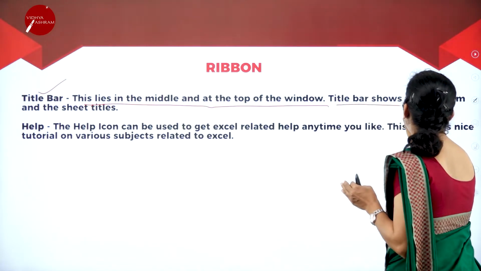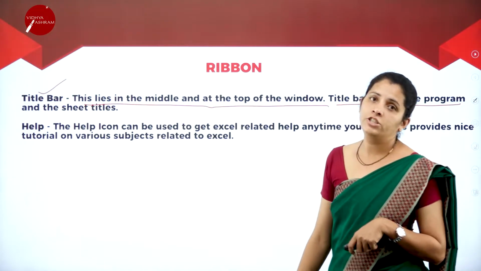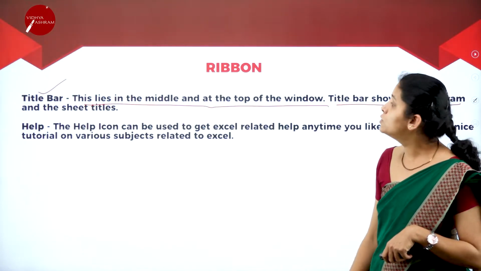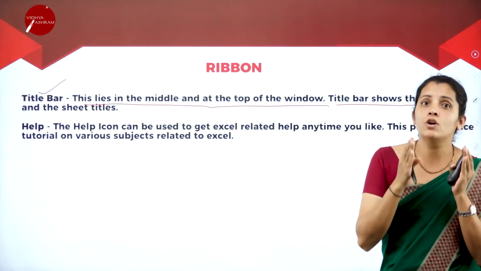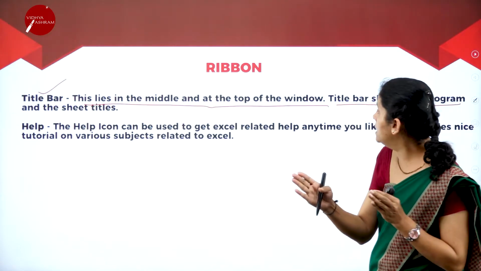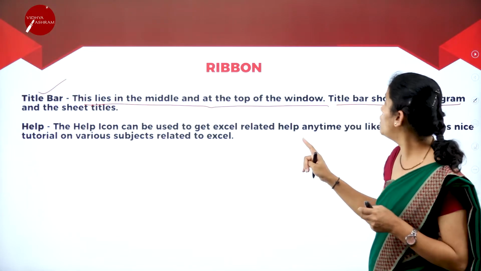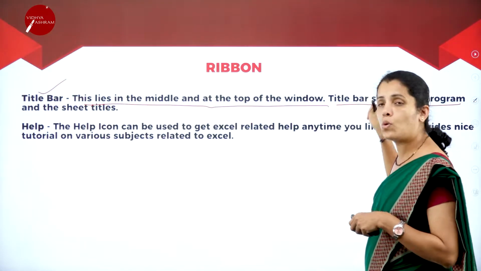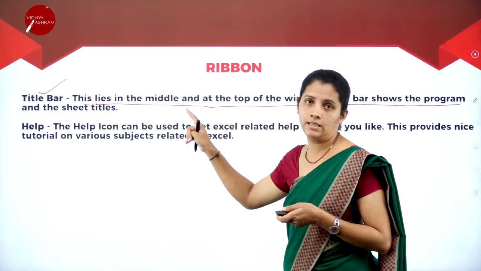The title bar shows the program and the sheet title. So dear student, just remember that your title bar always comes in the middle or top of the window, and that gives the program name as well as the worksheet title.